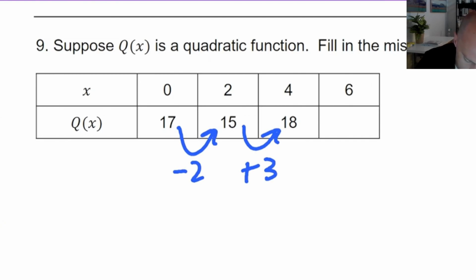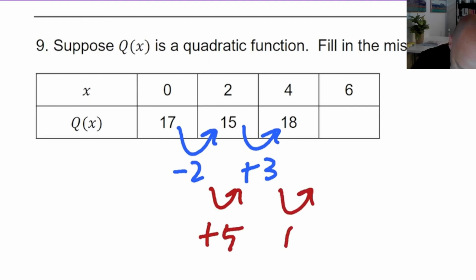Okay, I decreased by 2, then I increased by 3, which was a second order difference of positive 5, so I need to keep that going. That's the idea. So that means that this will need to increase by 5 to get to 8, so I need to add 8 to the 18 to find q of 6, which will be 18 plus 8 is 26.